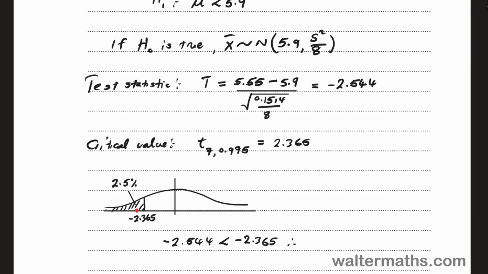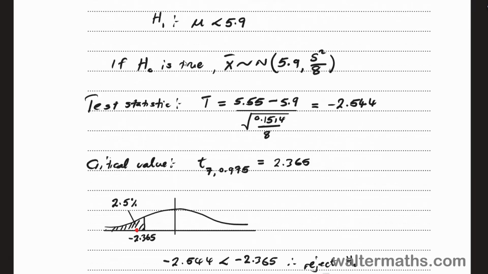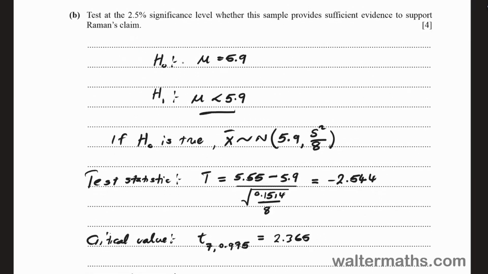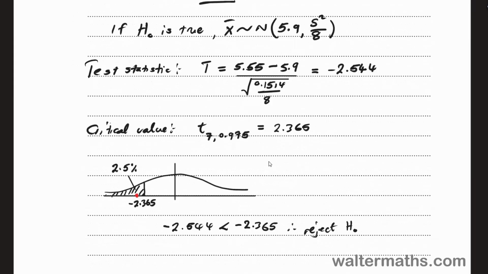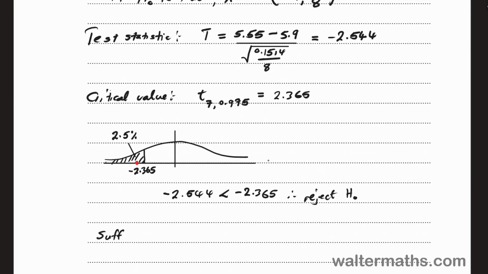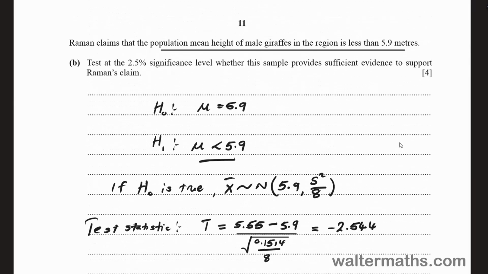Therefore, it lies in the rejection region where we reject the null hypothesis. If we're rejecting the null hypothesis, it means we accept the alternative. We accept the claim that the population mean height is less than 5.9. So we can say that there's sufficient evidence to support Rahman's claim. So that's how we perform the test right here.